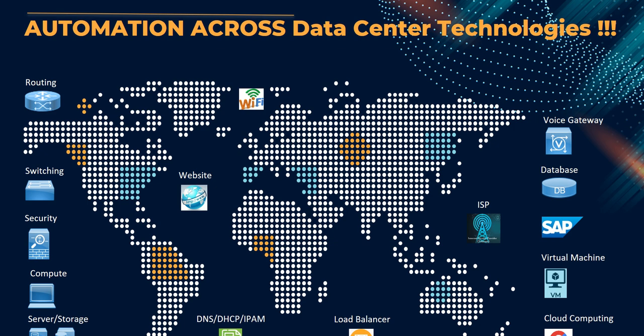From here we can see which automations are possible. It is possible to automate tasks which are repetitive and for n number of devices, with the methods of playbook execution I have shown. As for domains: routing, switching, security, compute, storage, server, VMware, container, load balancers, DDI as in DNS, DHCP and IPAM server, Wi-Fi, voice gateways, database, telecom or ISP providers, cloud computing, SAP, and any database.